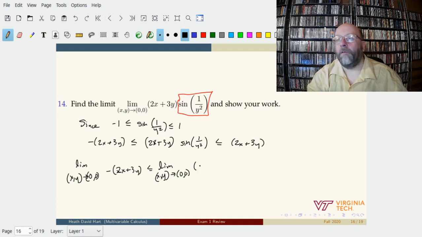Let's write the polynomial first, and then the trig function. And then it's less or equal to the limit as xy approaches 0, 0 of this other simple plain slice of bread.